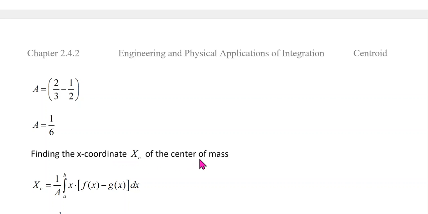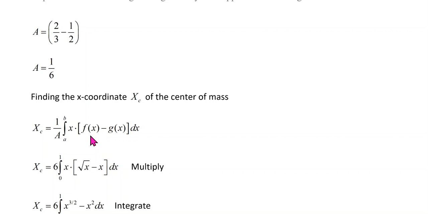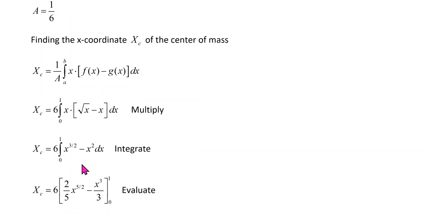So now we go to the next step, finding the x coordinate of the center of mass, or the centroid. So this is the formula. We know f of x is square root of x, g of x is x. So we're going to distribute x, but before we do that, we have to change the square root of x to x raised to a half. So then x times x raised to 1 half is x to the 3 halves.